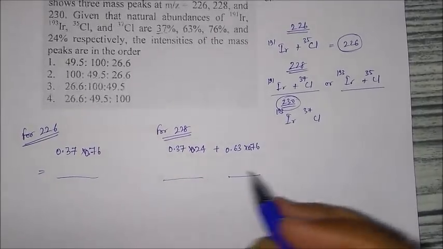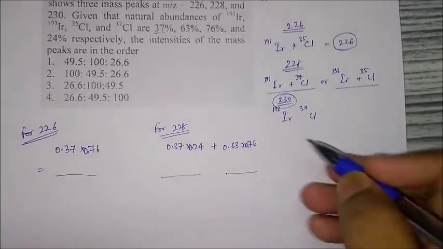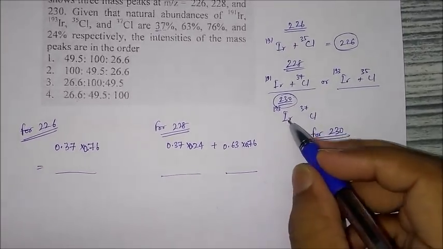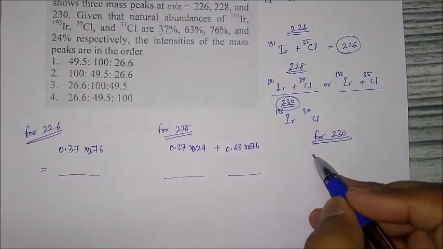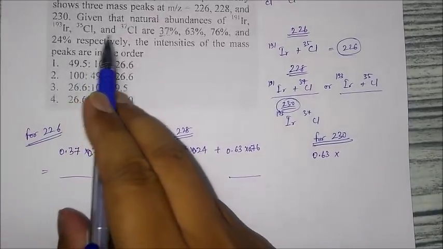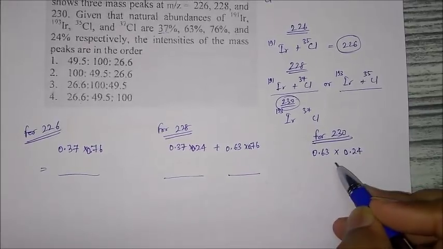You can pause the video and solve it, or I will be doing it right away. For 230, we will take Ir 193, abundance 63, meaning 0.63, into Cl 37, for which we have 0.24.